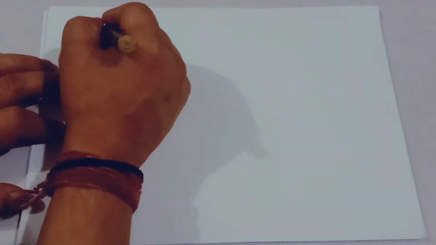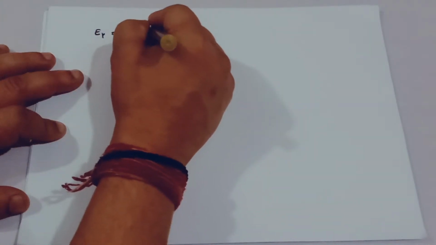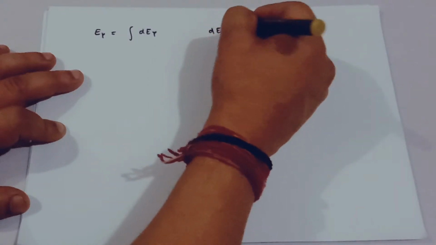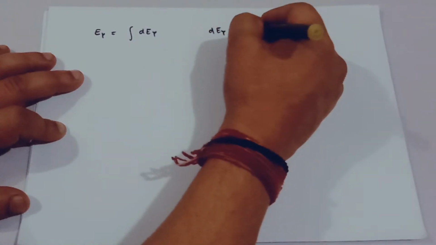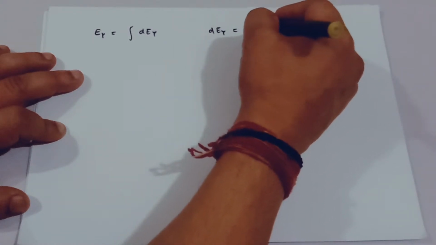Suppose the electric field along the y-axis would be the integration of dE y, and we already said that the small electric field along the y-axis would be dE into cos theta, sorry.